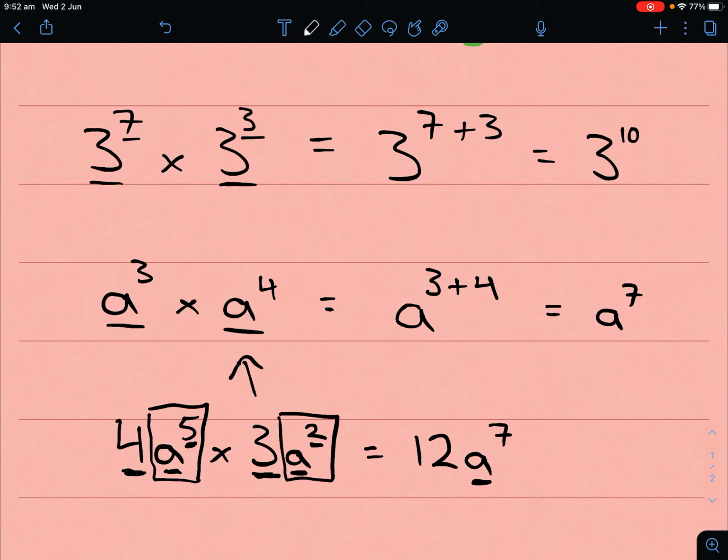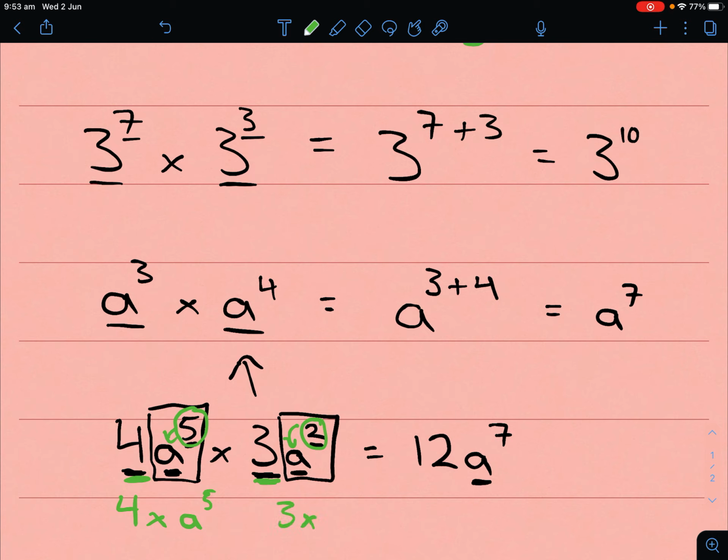So when we have a coefficient mixed with an algebra letter and then raised to a power, it's important to understand that the power is attached to the base number, which in this case is a. It's not attached to the coefficient out the front. So that's 4 times a to the 5. That's what that really means.